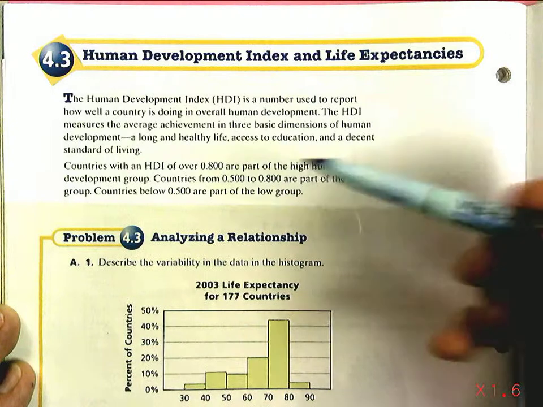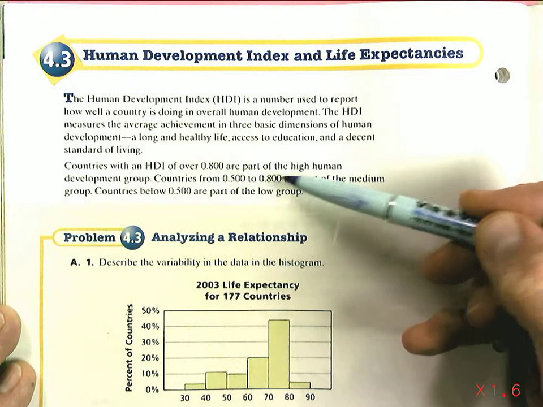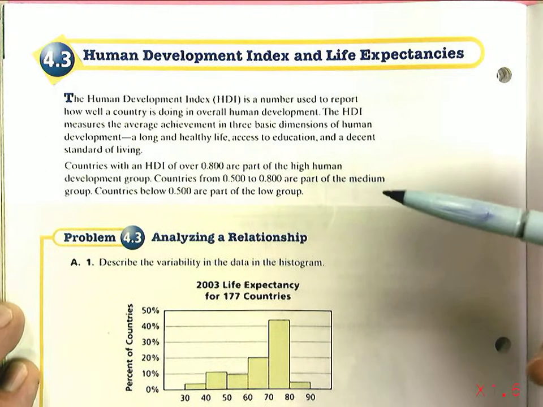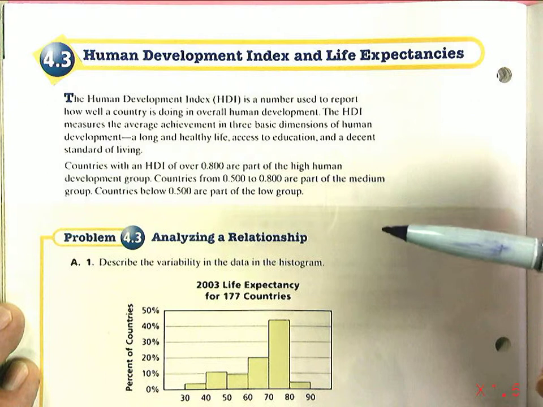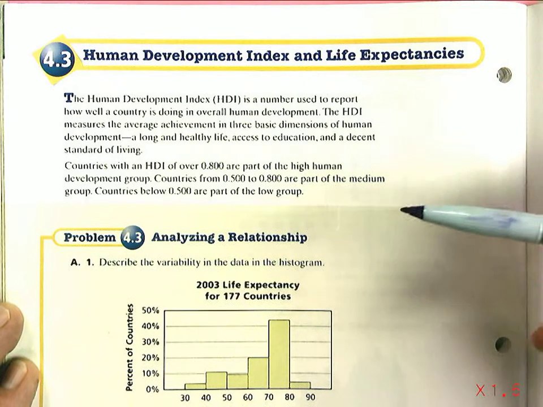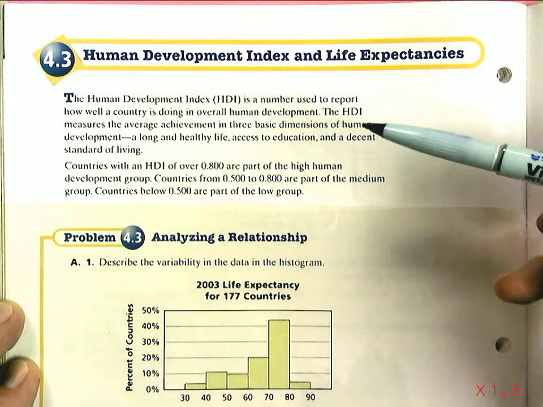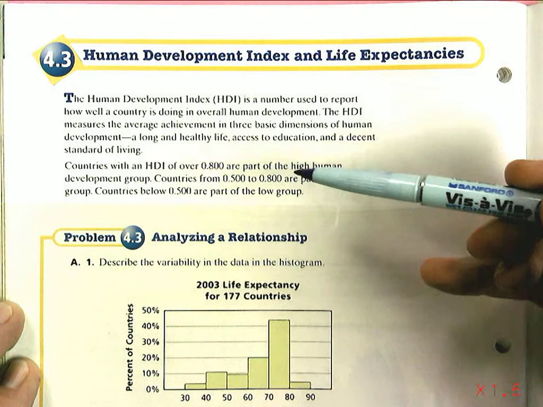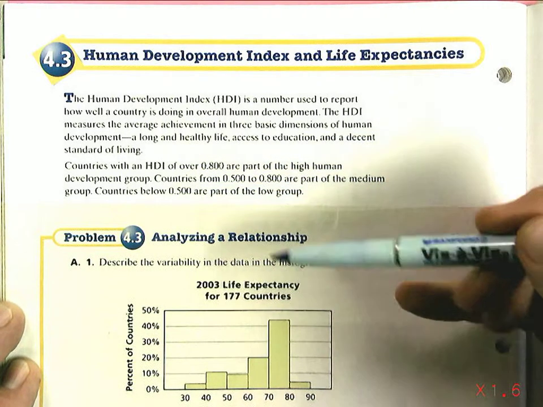And then the medium group is between 0.5 and 0.8, 50 to 80% maybe of those people, also with medium access to long and healthy life, education, decent standard of living. And the long and healthy life usually means access to health care and those kinds of things. And then the low group is below 50%, or below 0.5 on this index.